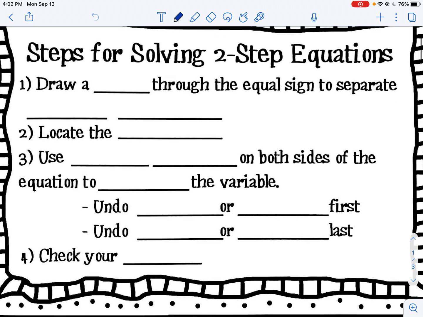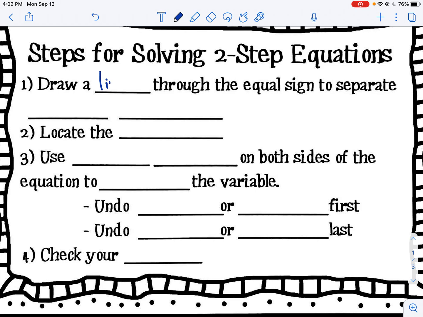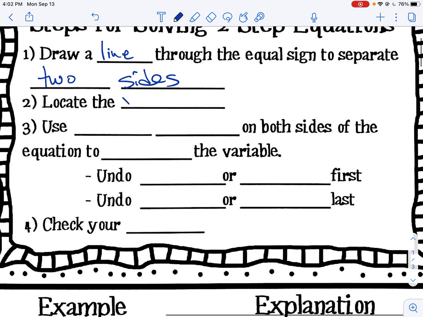Okay, so we're going to start over here. It says draw a line through the equal sign to separate two sides. Locate the variable.